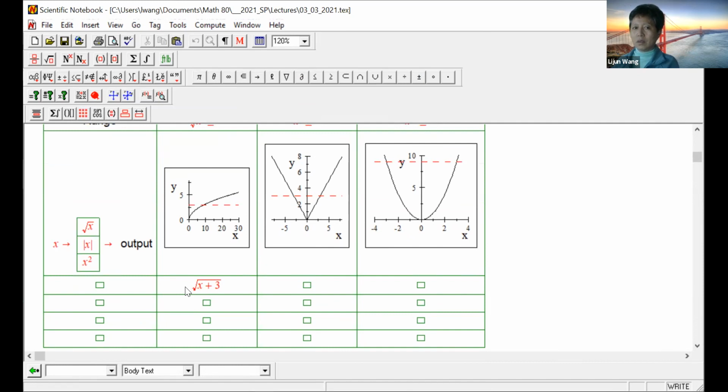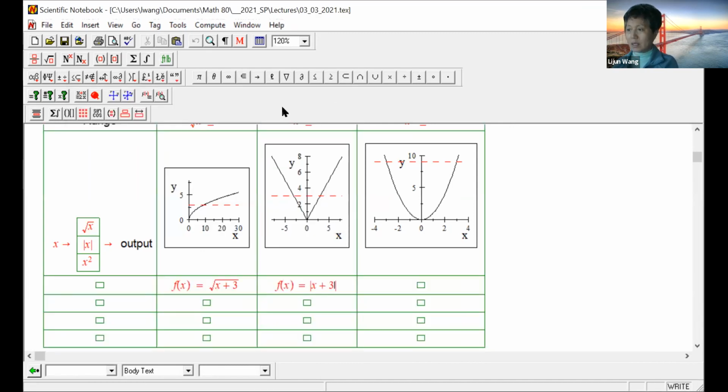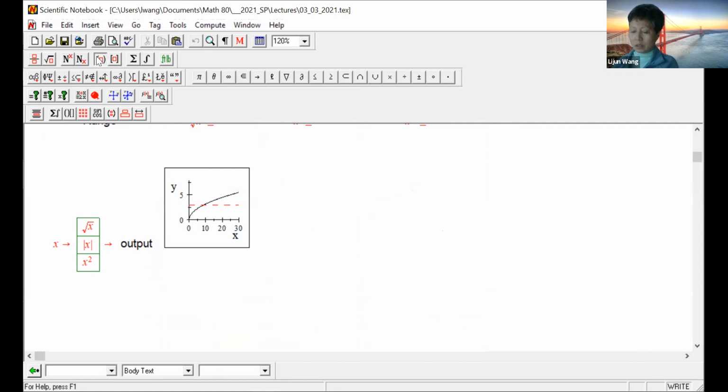All right, so f of x. And for the other one, we're still using f of x equals, each column independent of the rest, so I hope that doesn't cause any confusion. And this is going to be x plus 3. And f of x, the last one, is going to be x plus 3 squared.